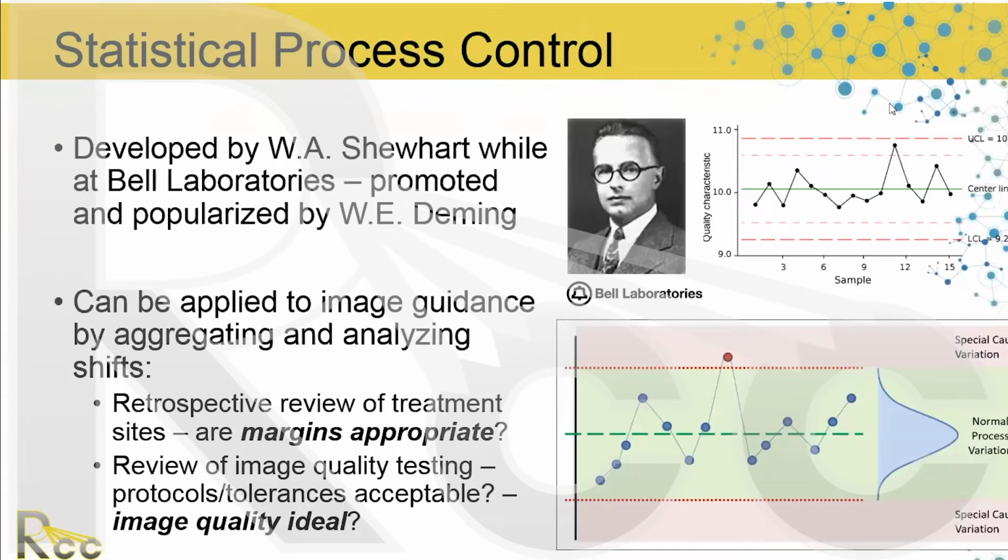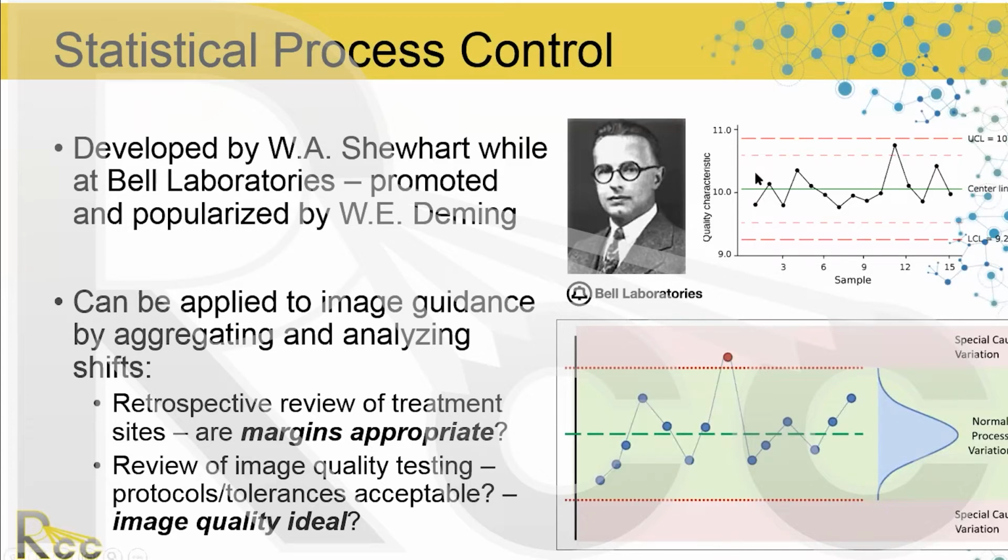So a lot of this prospective stuff came out of Bell Labs, and it's a form of statistical process control. This is a picture of Shewhart at Bell Labs. Most people know about Deming as being the one that kind of promoted this, but it did come out of Bell Labs. And what it was is, you don't know what's happening unless you're measuring it.